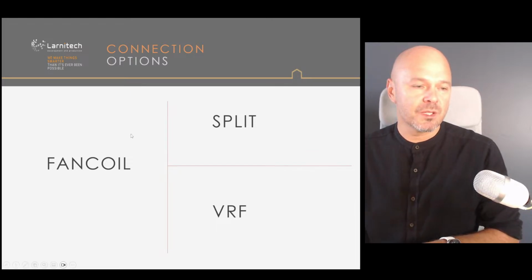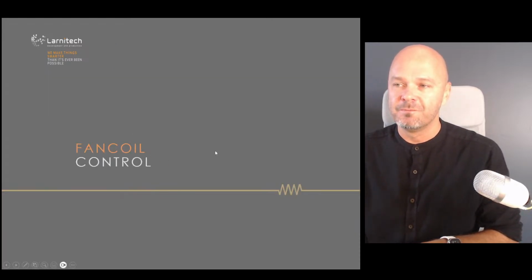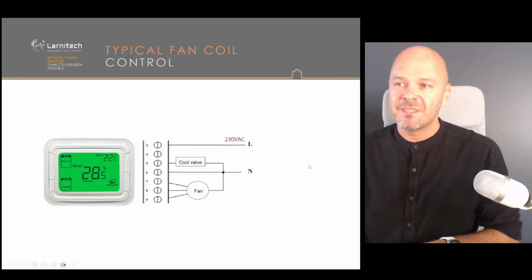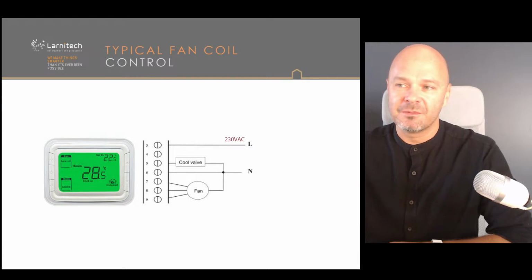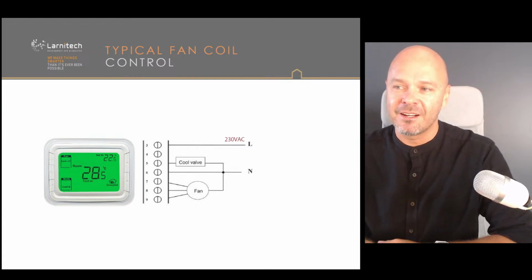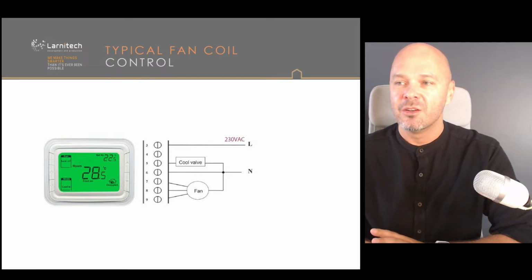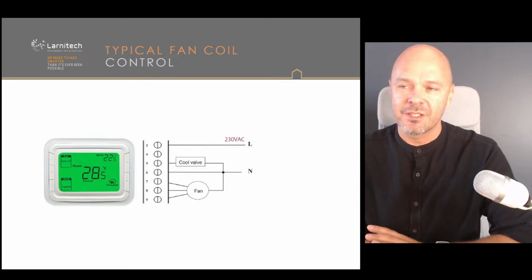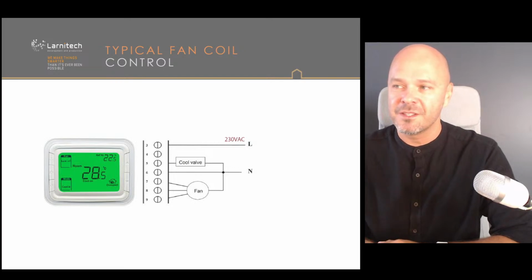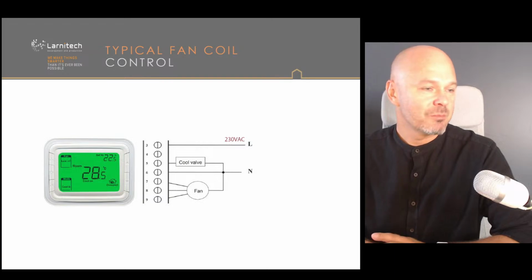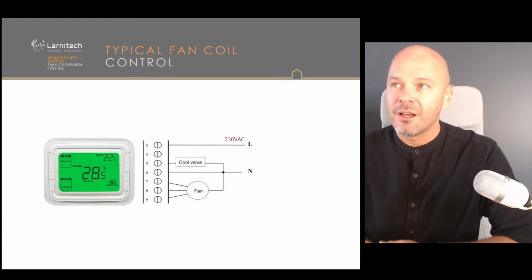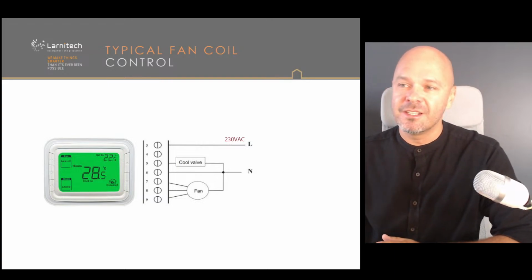The option named fan coil is what we typically have here. In Dubai, I think most of the thermostats are Honeywell, almost in every apartment, every villa, every office. So Honeywell made a lot of money on it, probably. The typical connection is like this.